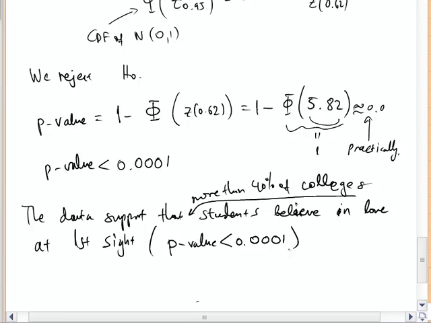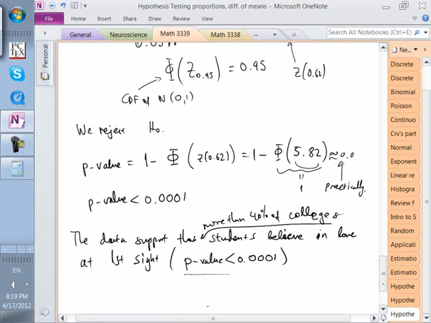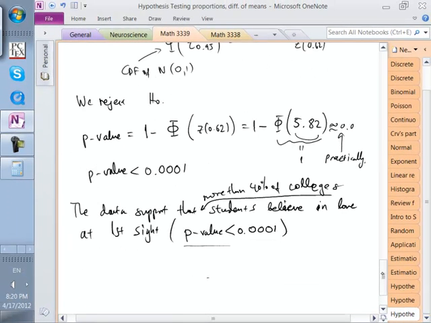If you find a value that is off the charts like this one, phi of 0.82, it's practically equal to 1, then just report something like this and you're fine.